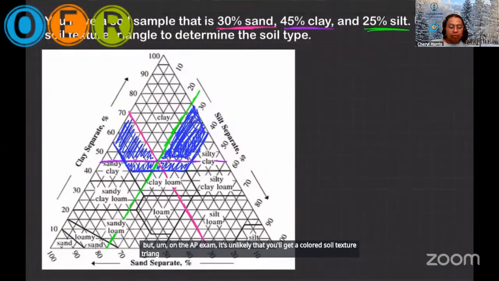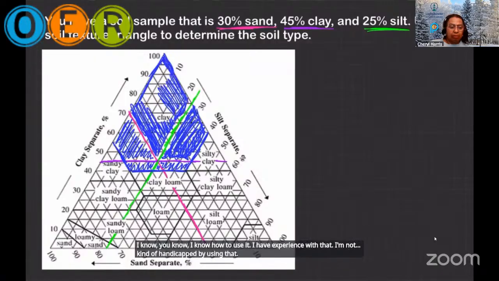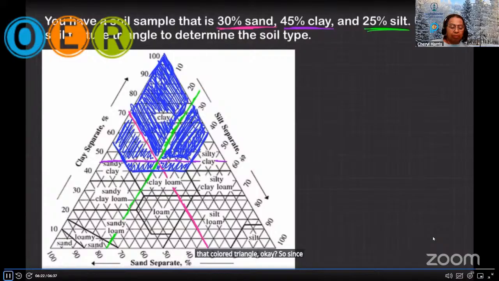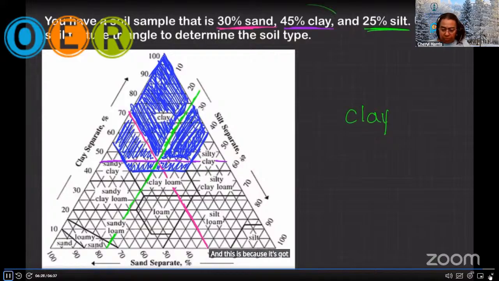So I like working with the black and white ones, because then if I see a black and white one on the AP exam, I know how to use it. I have experience with that. I'm not handicapped by using that colored triangle. Okay, so since we're in this clay, our soil is just considered clay. And this is because it's got so much clay in it.